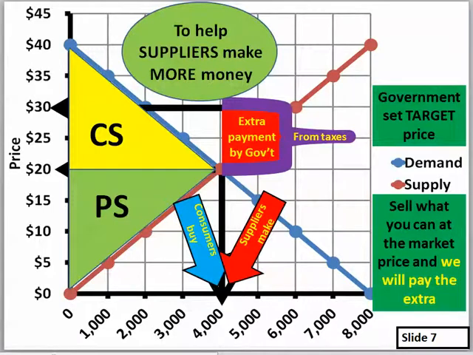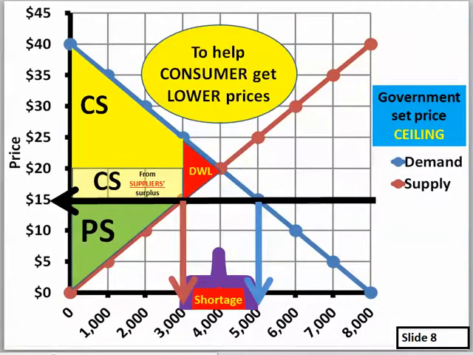Okay. Now, a different variation completely is what we call a price ceiling. A price ceiling, unlike a price floor or a target price, is a price lower than the equilibrium price, in which the government is now trying to assist the consumers to get a lower price. Now, what do we see here?